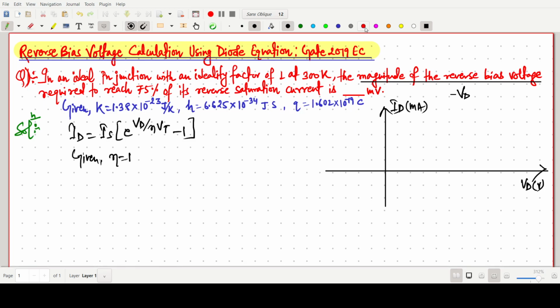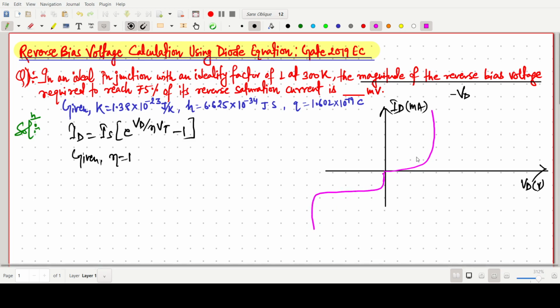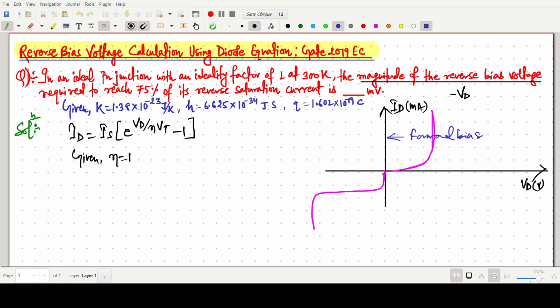As we know the diode characteristics, I'm just plotting. This one is more or less the diode characteristics. This side is forward biased, and this side should be our reverse bias.